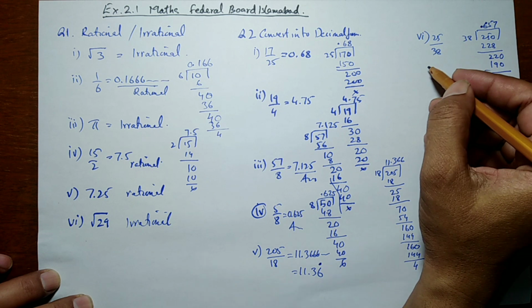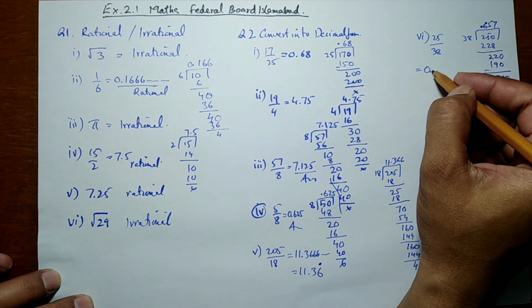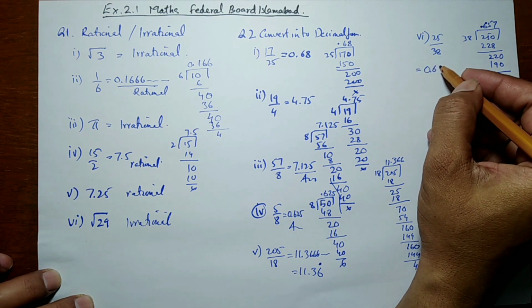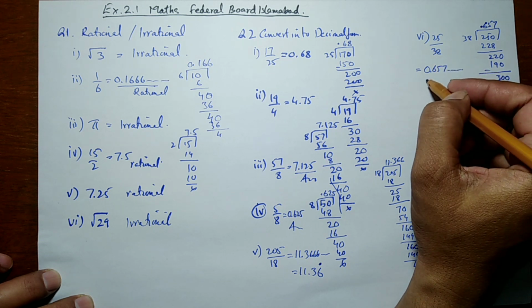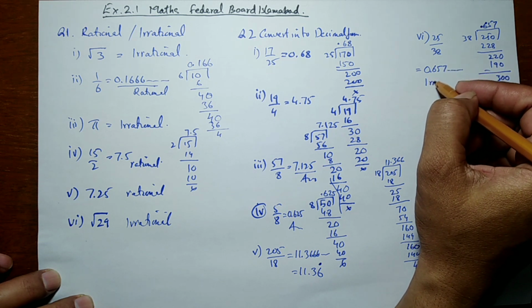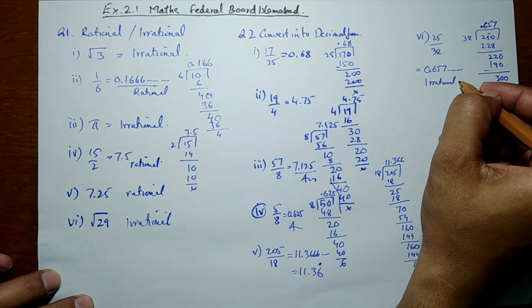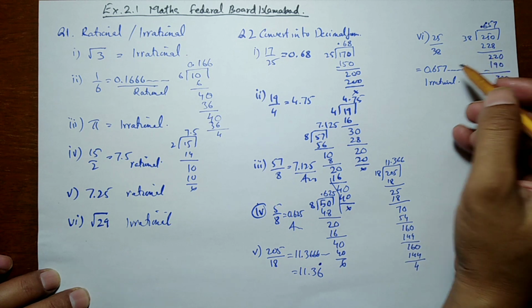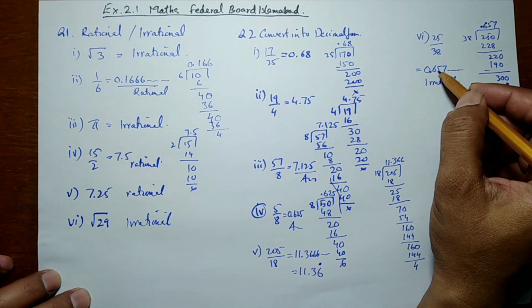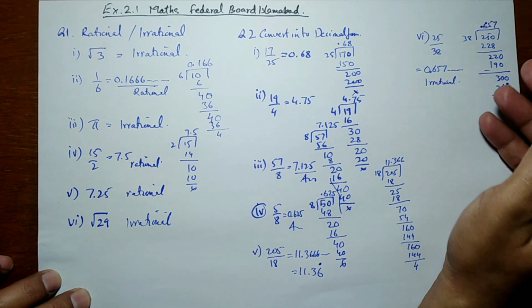So such numbers where the decimal is not recurring and not terminating are considered to be irrational numbers as well. Just get the answer up to 3 decimal places and stop there.